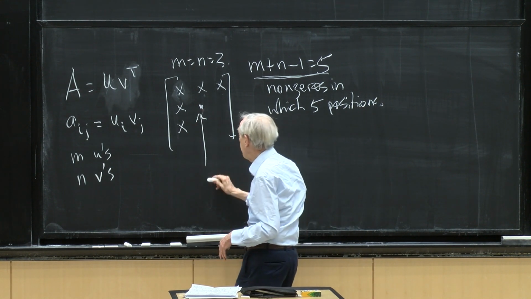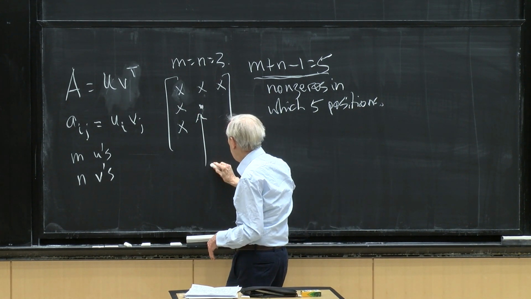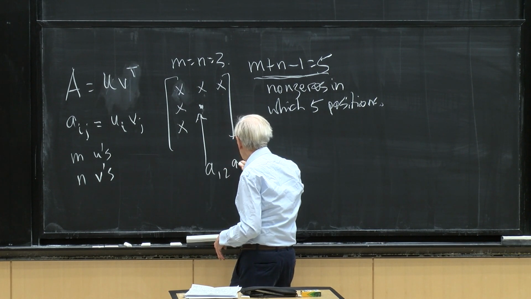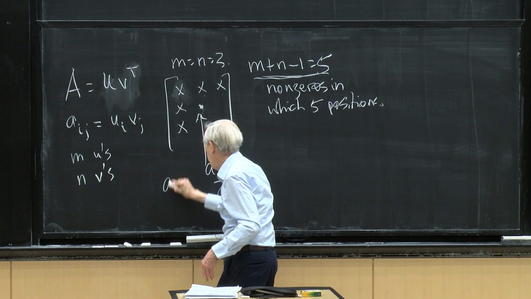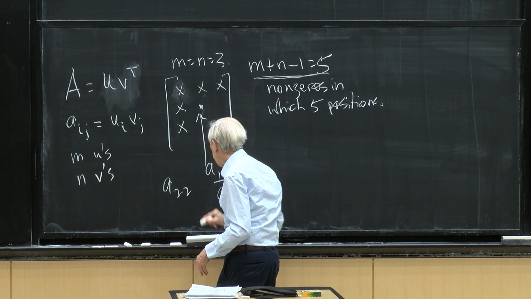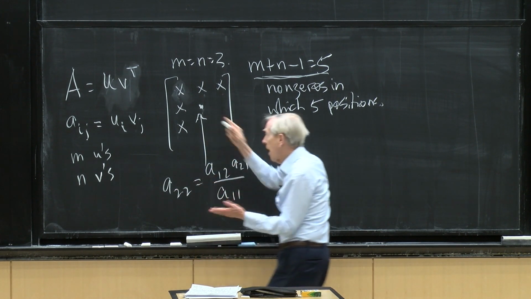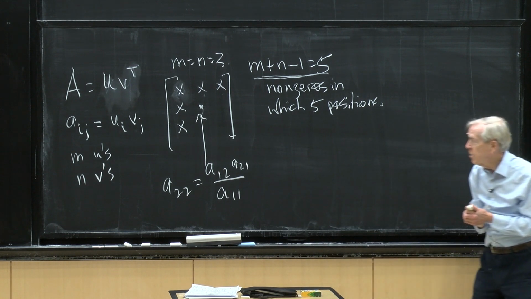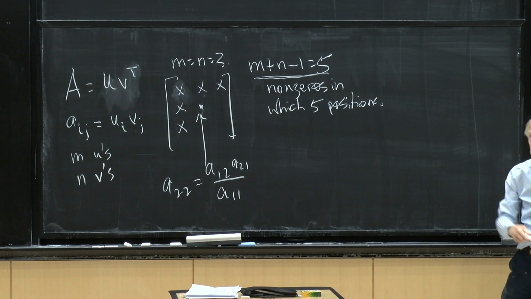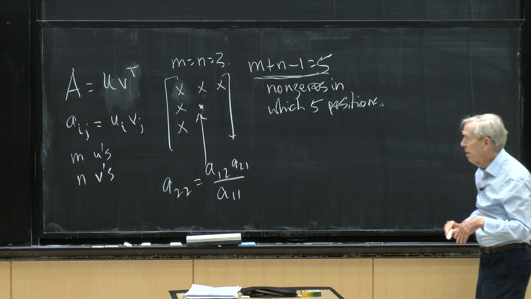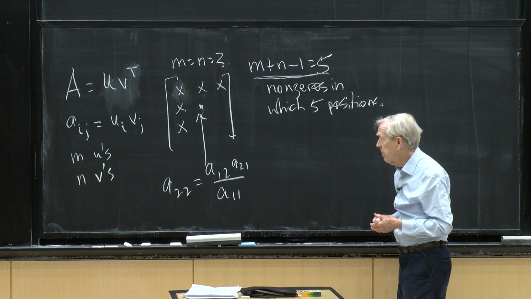That number would have to be A12 times A21 over A11, because every 2 by 2 determinant has to be 0 here. If I want rank 1, I can't stand any 2 by 2s that are invertible matrices.